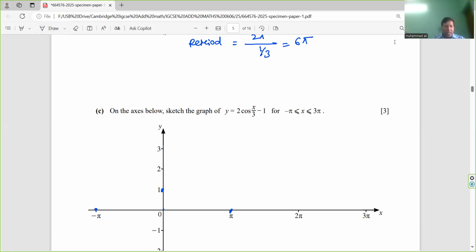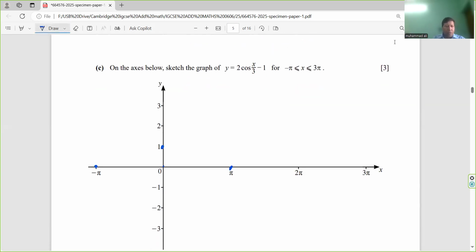When you put x value minus 2 pi, it will be minus 2. When you put x value 2 pi, it will be minus 2. When you put x value 3 pi, y value is minus 3.